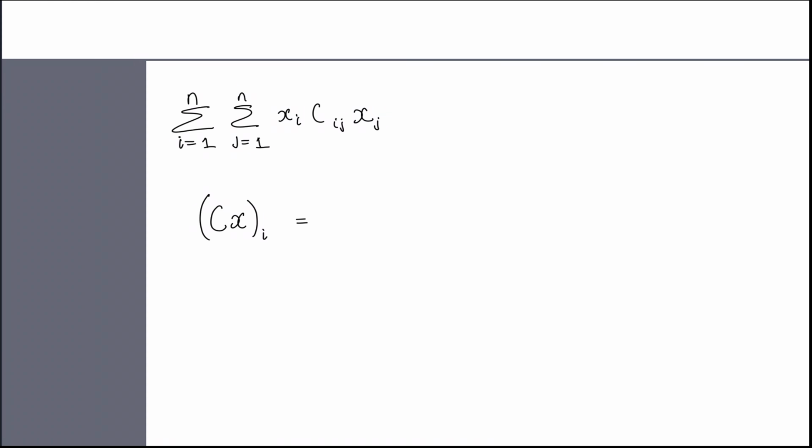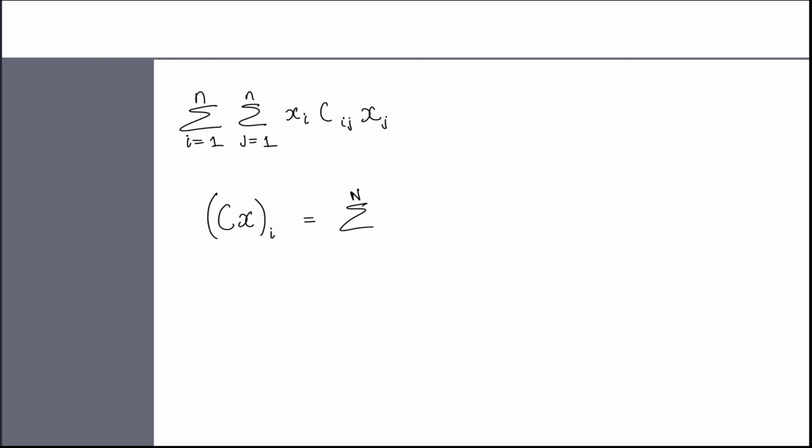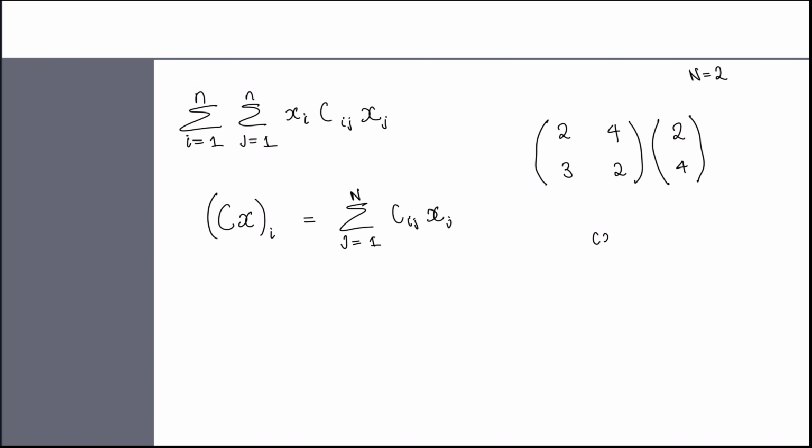So what that then leaves behind is us doing the sum of Cij and an xj. For example, if we had a matrix 2, 4, 3, 2 multiplied by some vector, which we'll call 2 and then 4. So here we basically have n as 2. If I was working out Cx1, we would have the sum with j equal to 1, and then C1j xj.